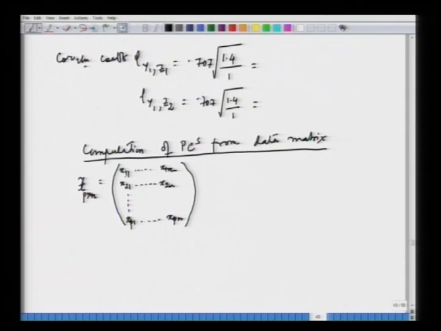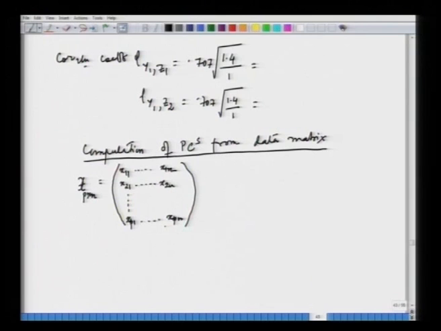The first subscript 1 is telling me about the random variable at this stage, that is x1, and the second subscript, 1 to n, is telling me about the number of observations on this variable. Similarly, in the second row I have the n observations on the second variable, and the pth row is giving me the information on the pth variable.